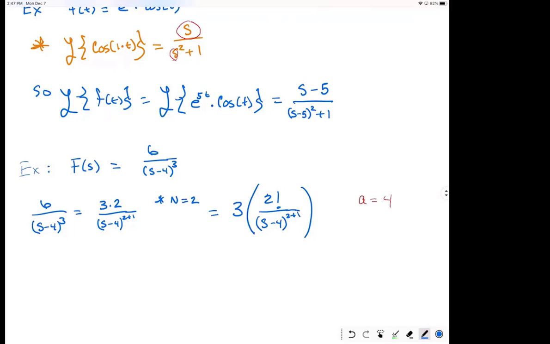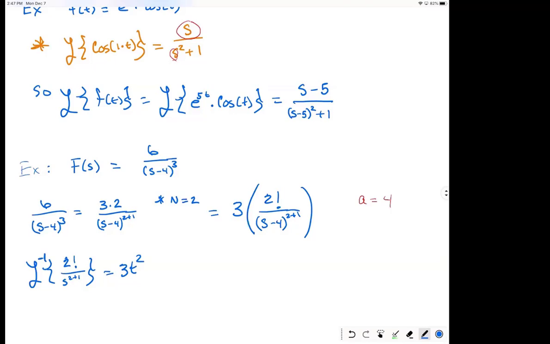And so if I take the inverse Laplace transform of 2 factorial divided by s to the 2 plus 1, so that would just be unshifted, I get 3t squared.